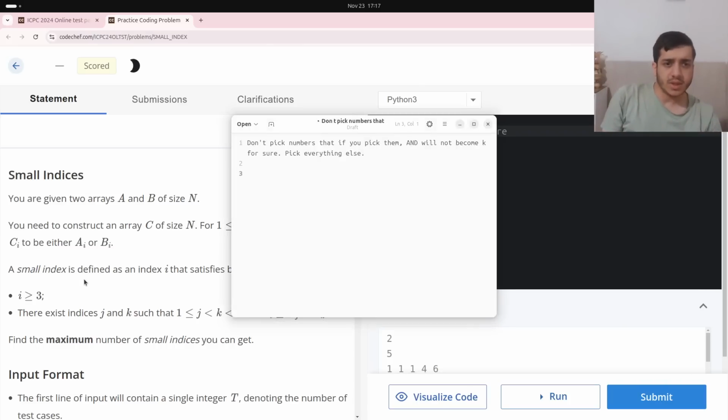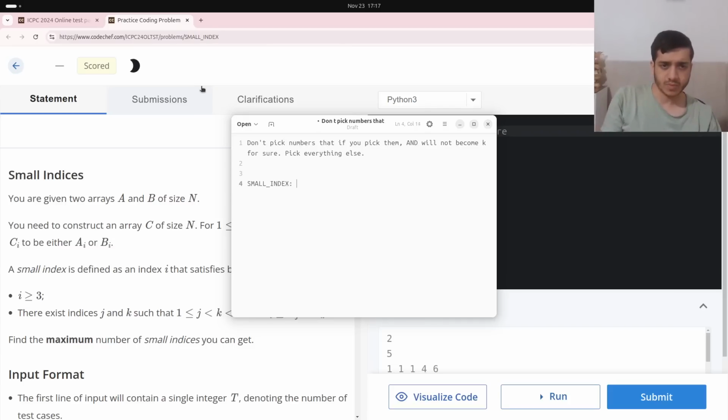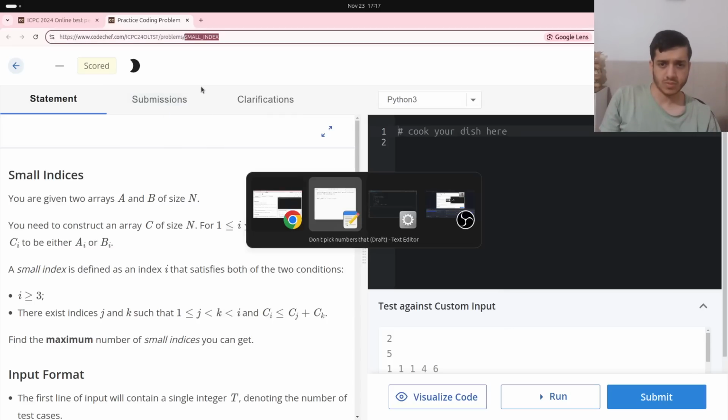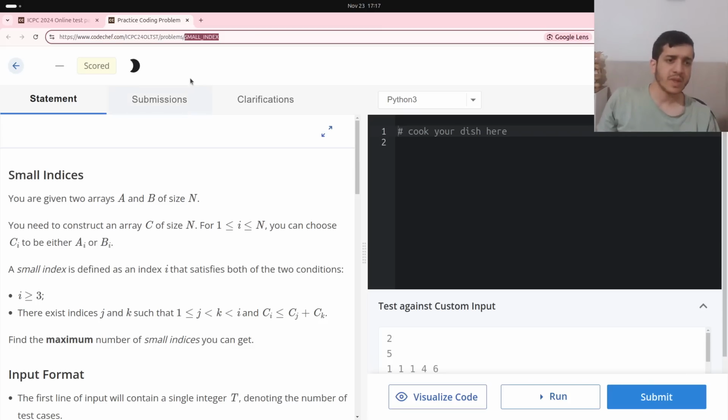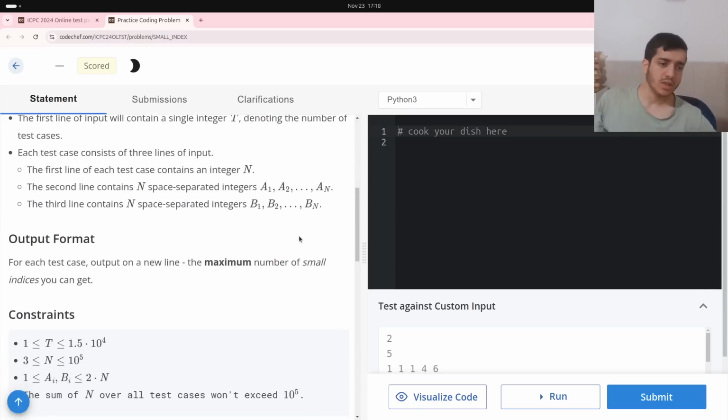Let me tell them that if it's not sorted, they need to say so. Okay. It's not that easy.